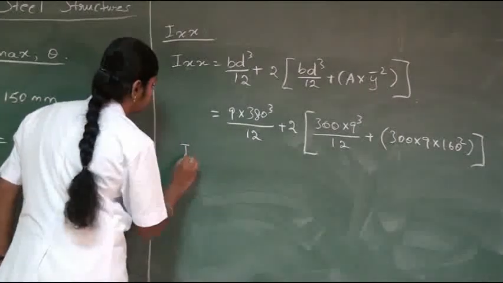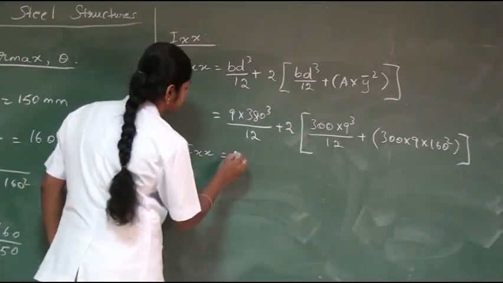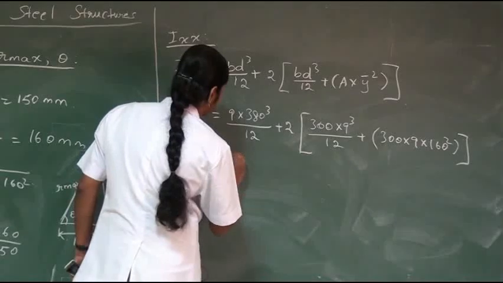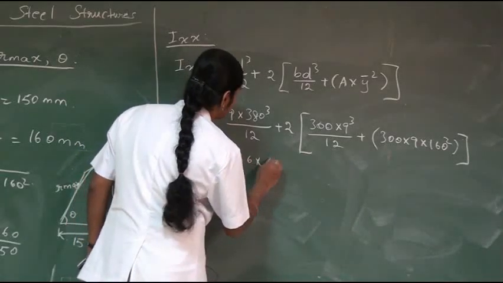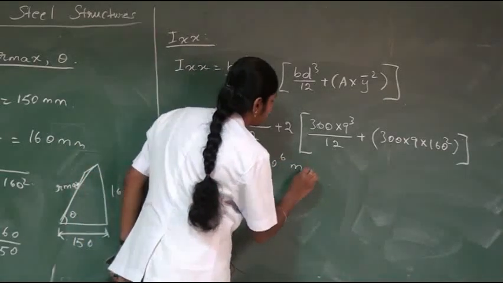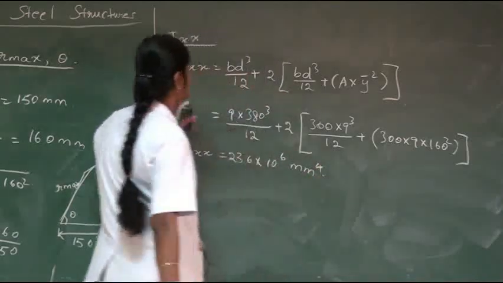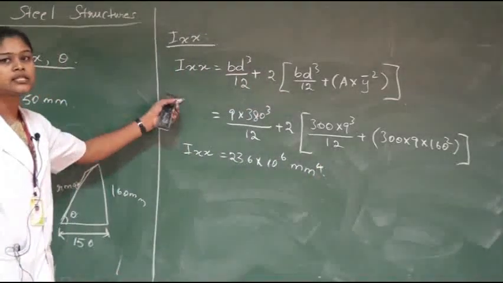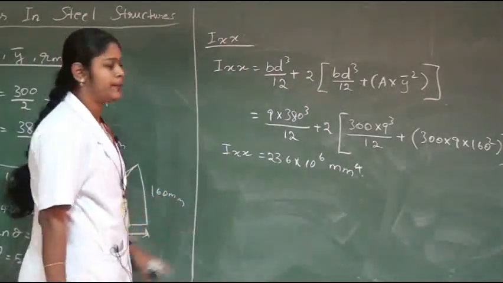By resolving this, we get the answer Ixx is equal to 236 into 10 to the power 6 mm to the power 4. After calculating Ixx, we are going to calculate Iyy.